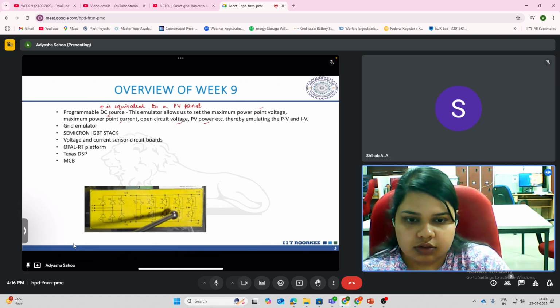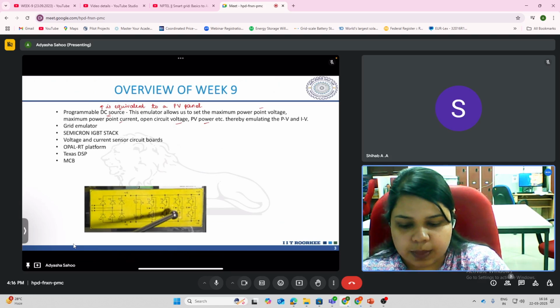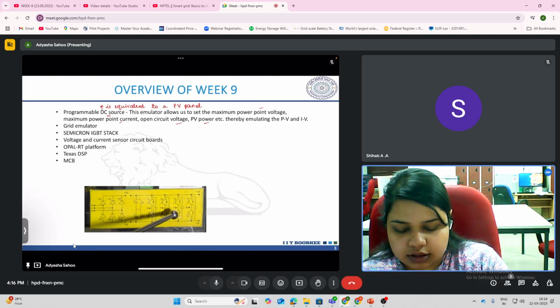Since PV is a DC source and the grid is on the AC side, between them we need a DC to AC conversion, or an inverter. So this Semikron IGBT stack is acting as an inverter for DC to AC conversion.